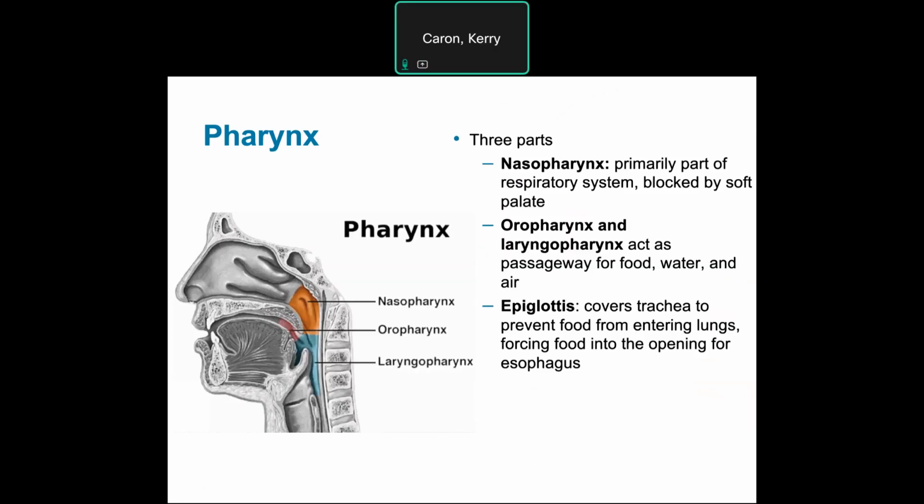And then we have that all-important epiglottis. The epiglottis covers the trachea when we are swallowing, keeping food, water, or liquid from entering the lungs. And it forces food through the opening of the esophagus. So we want food and water or liquid to go down the esophagus, only air in the trachea. So that epiglottis plays an important role.